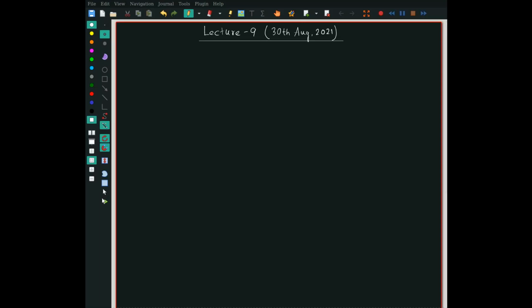So today I plan to start with an example of small oscillation, an example of things that you might encounter in different examinations. The thing I want to discuss is called the linear triatomic molecule.